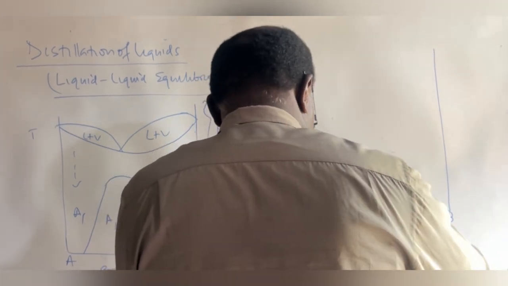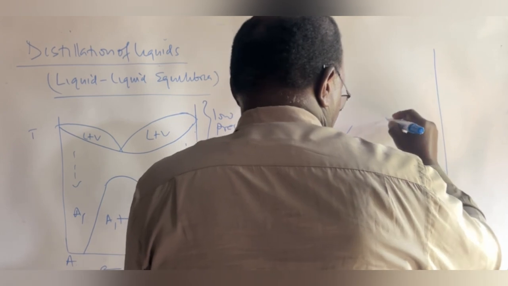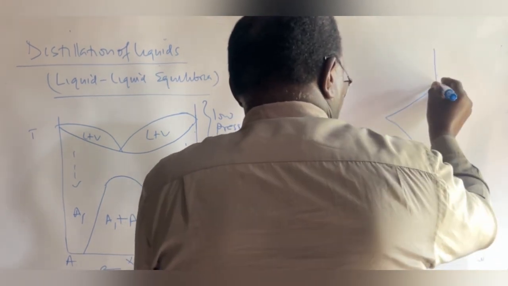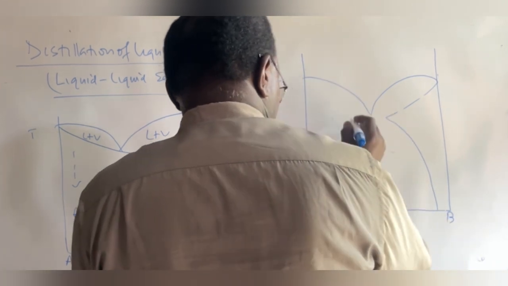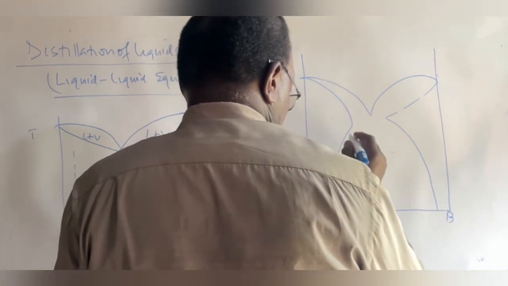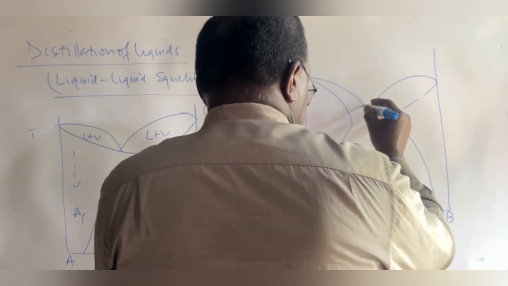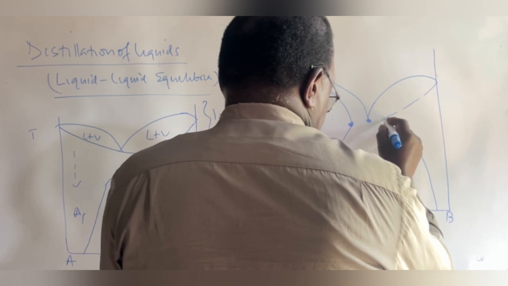Let's try to draw it as best as we can, so that we have a state point there, state point there, state point there.